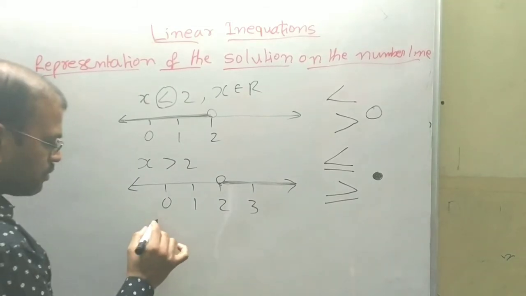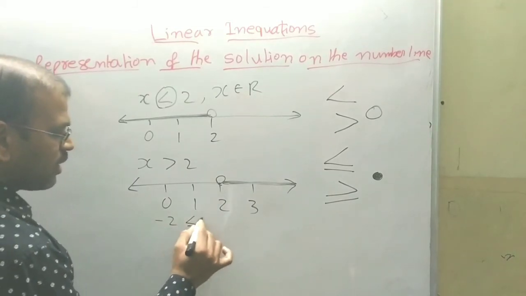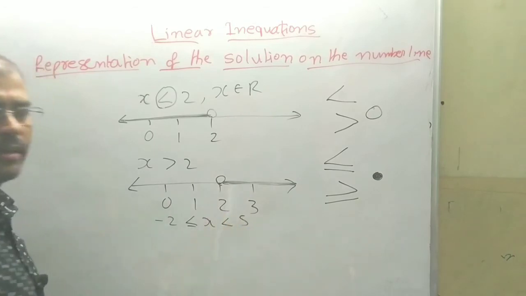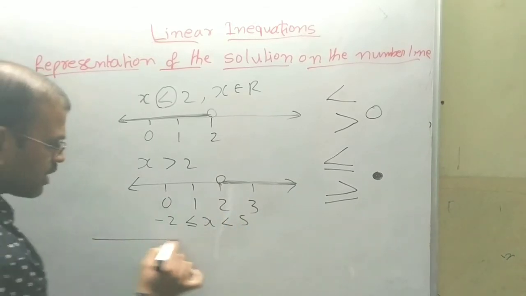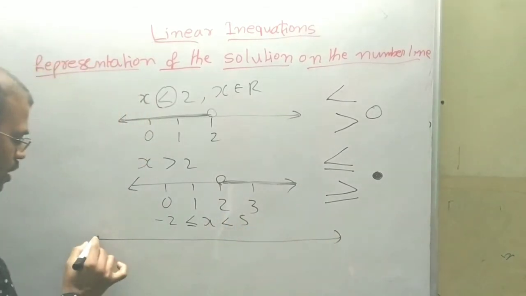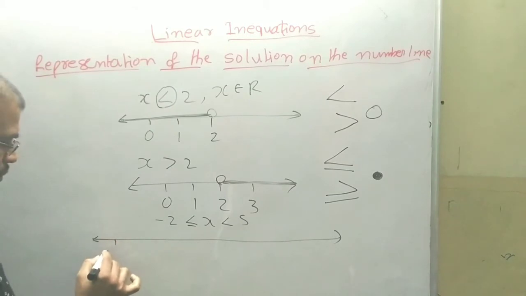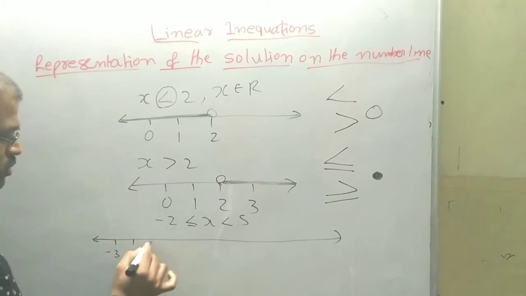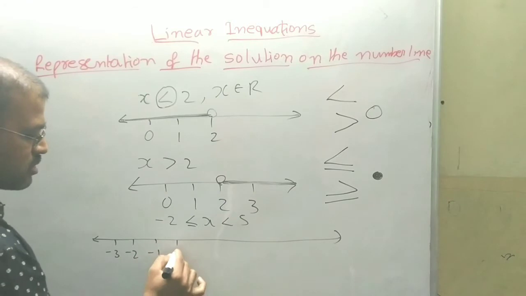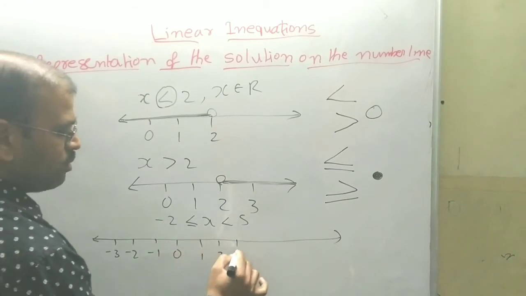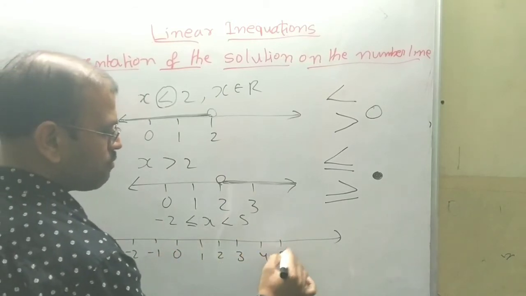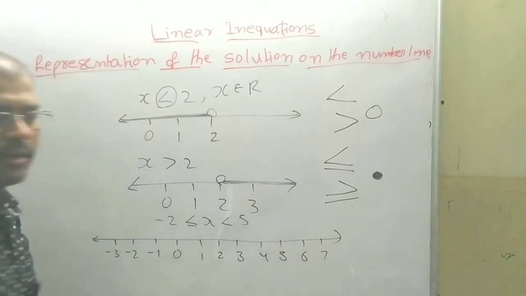For example, if the question is asked minus 2 less than or equal to x less than 5. This is the question. So in this case you will write minus 3, minus 2, minus 1, 0, 1, 2, 3, 4, 5, 6, 7.